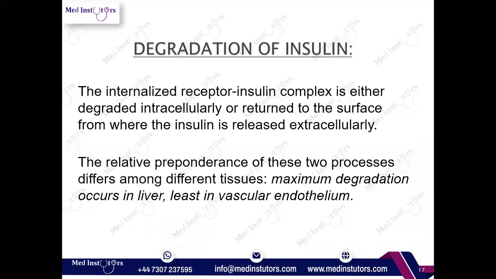The insulin and the insulin receptor can get internalized and are either degraded intracellularly or returned to the surface, from where the insulin is released extracellularly. The relative preponderance of these two processes differs among different tissues. Maximum degradation occurs in the liver. You know, the liver is the seat of metabolism, so maximum degradation of insulin happens in the liver, and least in the vascular endothelium. So that is how insulin is degraded.